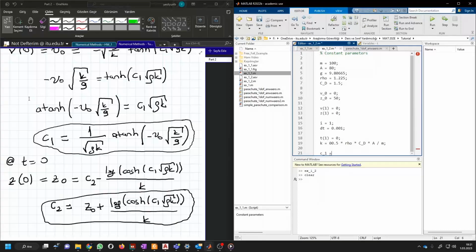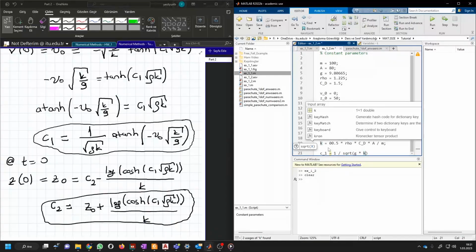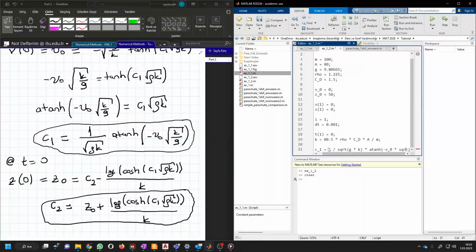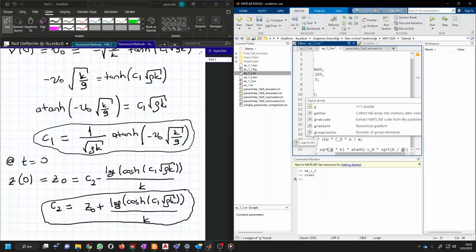C1 was 1 over square root of g times k, times arctangent hyperbolic of minus v0 times square root of k over g.